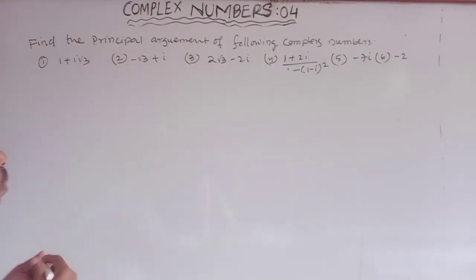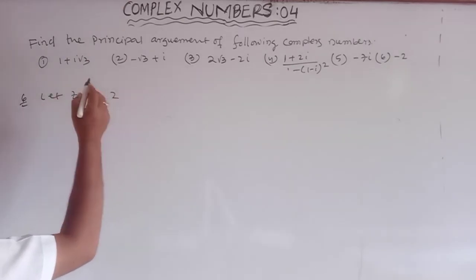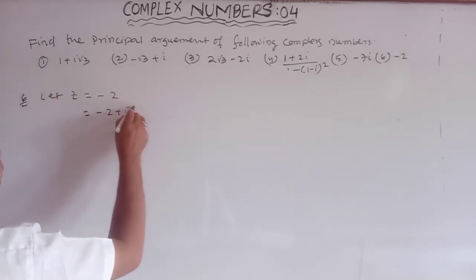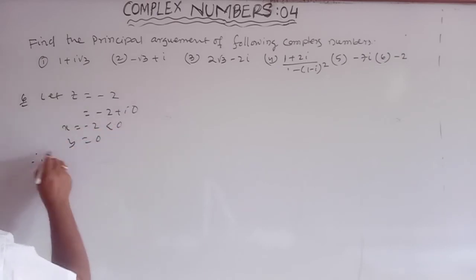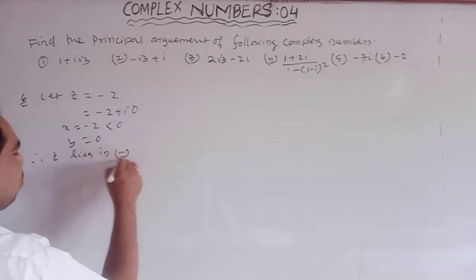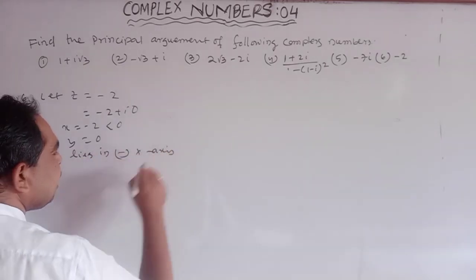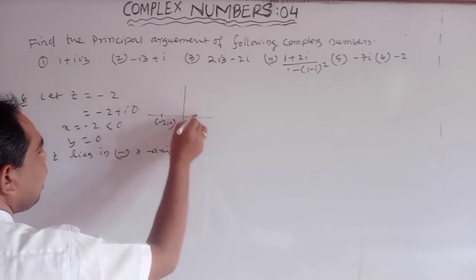Next, sixth number. Let z is equal to minus 2 plus i into 0, so x is minus 2, less than 0, and y is equal to 0. Therefore z lies on the negative x axis. This is the point minus 2 comma 0, so the angle is this.